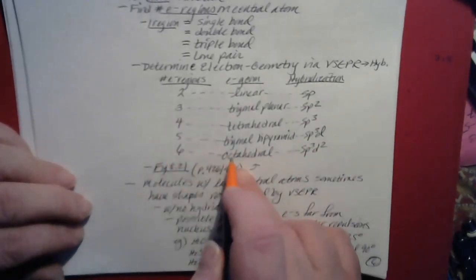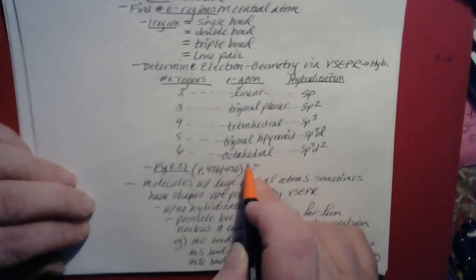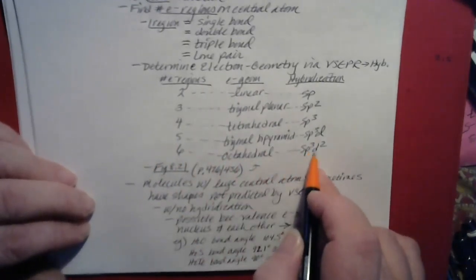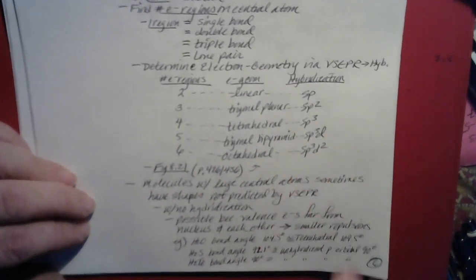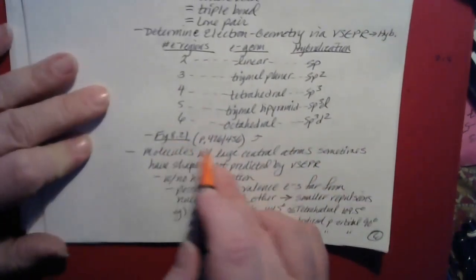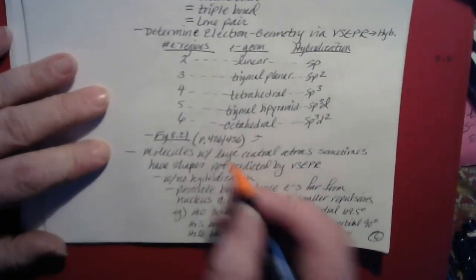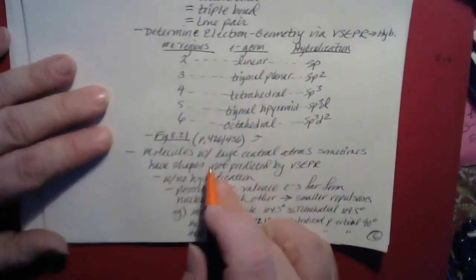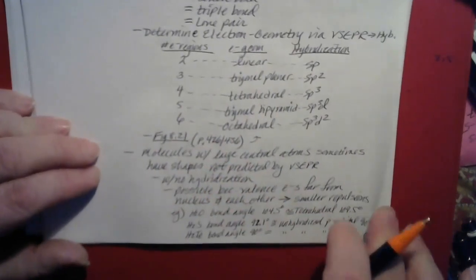And 6 electron regions means octahedral electron geometry, which means sp3d2 hybridization. That is from figure 8.21 in the textbook.